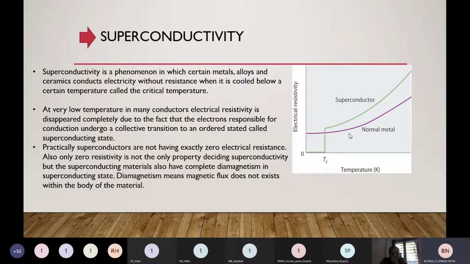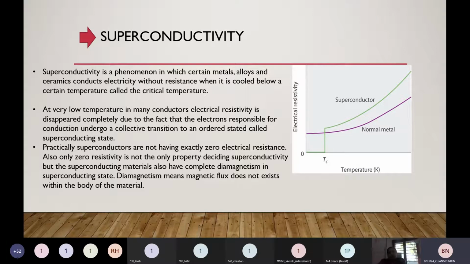But when the temperature comes to zero, a bit of resistivity remains, meaning a bit of resistance is left. With superconductors, the temperature and resistivity come down together, but at a certain point the resistivity falls very suddenly. This is the difference between superconductors and normal metals.